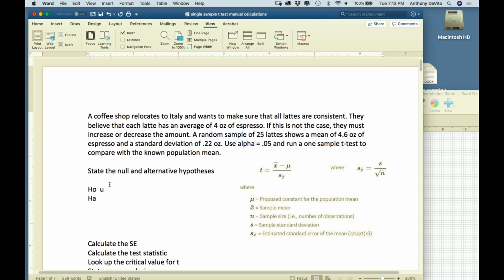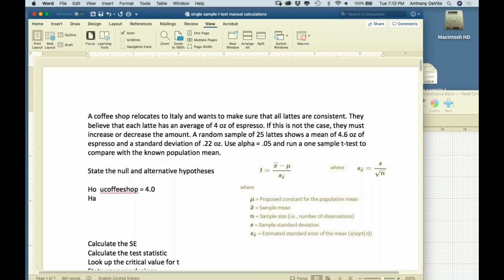So mu for our coffee shop is equal to mu for Italy. The mu for everybody in Italy, right? Which we know. What was the number of ounces in Italy? It was 4.0. That's the population.